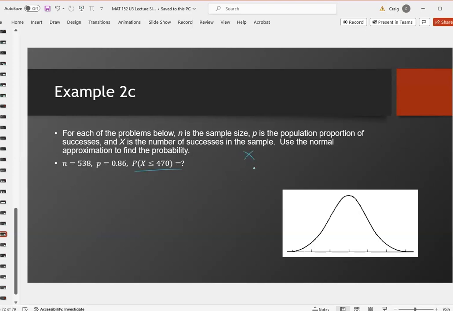If x is less than or equal to 470, we want all of the numbers that will wind up rounding to 470 or less. 470.5 rounds down to 470, so that's the last number that's less than or equal to 470. Everything else is lower than that. So that's the one we're going to use.